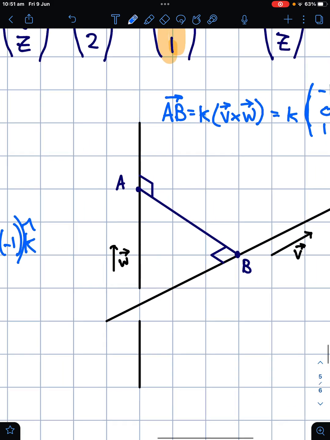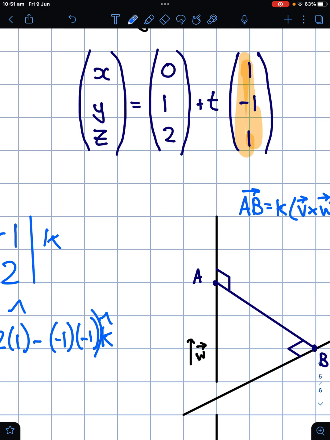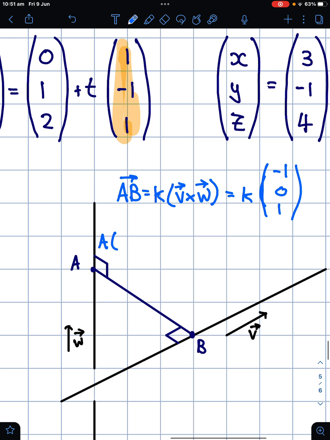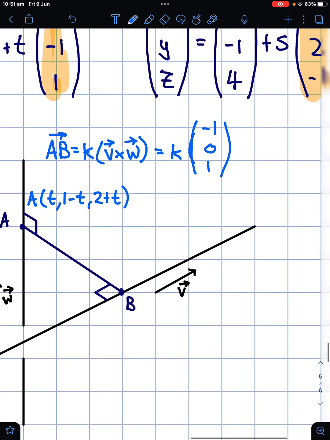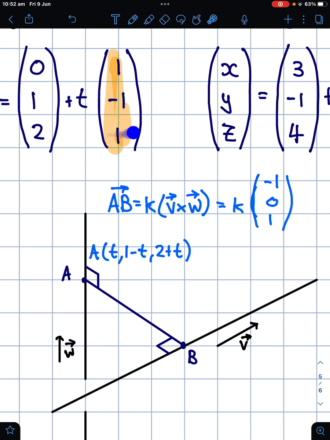Now this A value, depending on which skew line we want to put things on, let's say that A is on our first line. It's going to have the coordinate T, and then 1 minus T, and then the final coordinate here would be 2 plus T. And this B, so that was from 0, 1, and these components.